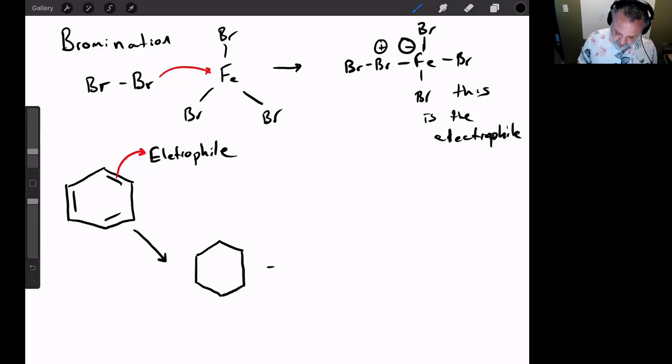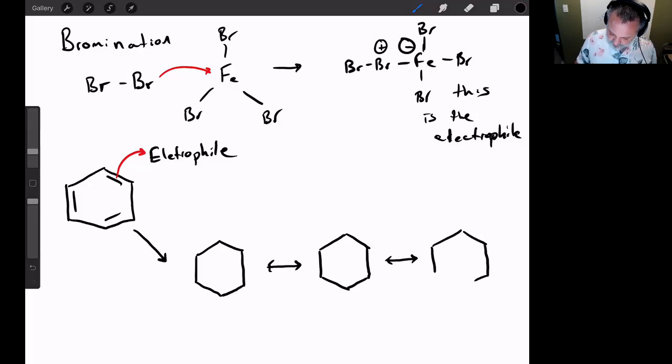Then we get into this intermediate, and the intermediate was resonance stabilized over at least 3 structures. We called this thing the sigma complex. Now I'm going to finish it out here.